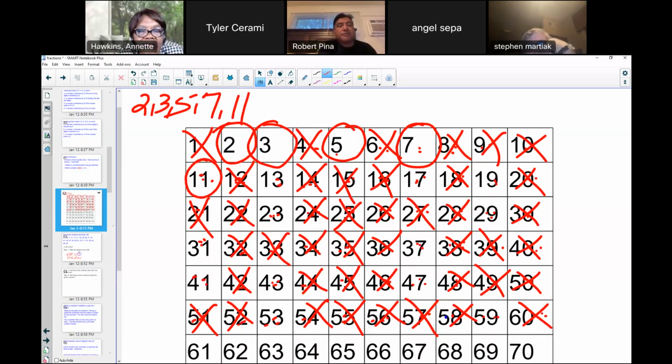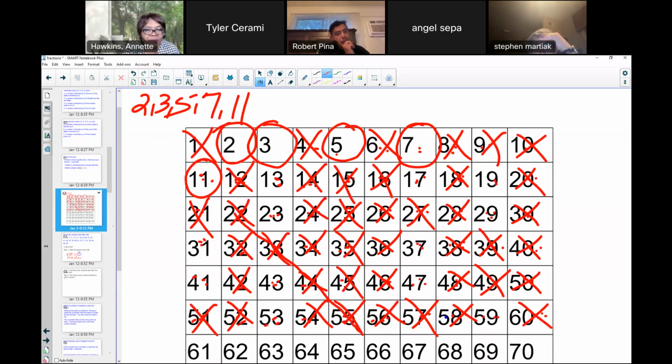We need to cross out all the numbers divisible by 11. Now, here is 11. I might be able to go down here. Do you see this diagonal like this? Let's see if that's going to work.